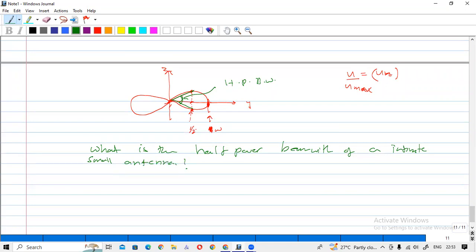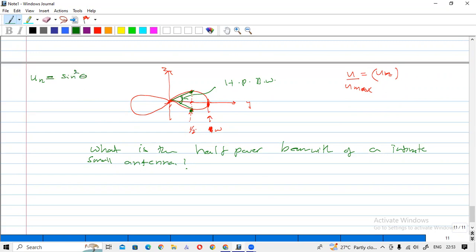You can see that here you should have half power. You know that for an isotropic infinitely small antenna, the normalized intensity is nothing but sin square theta.